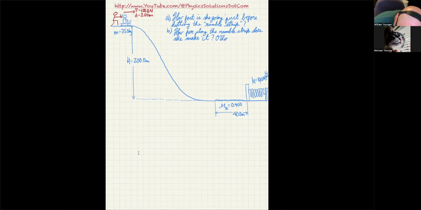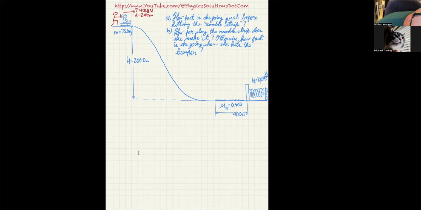Otherwise, in other words, if she doesn't actually come to a stop on the rumble strip, how fast is she going when she hits the bumper? Bumper. I know that E looks like it's a little elongated, but everybody follow that question?